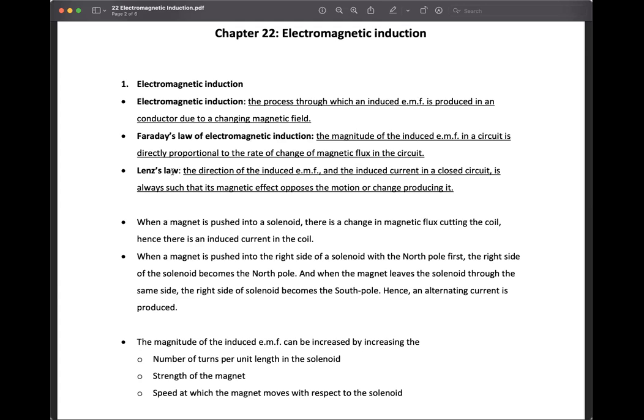Then Lenz's law states that the direction of the induced EMF and the induced current in a closed circuit is always such that the magnetic effect opposes the motion or change producing it.